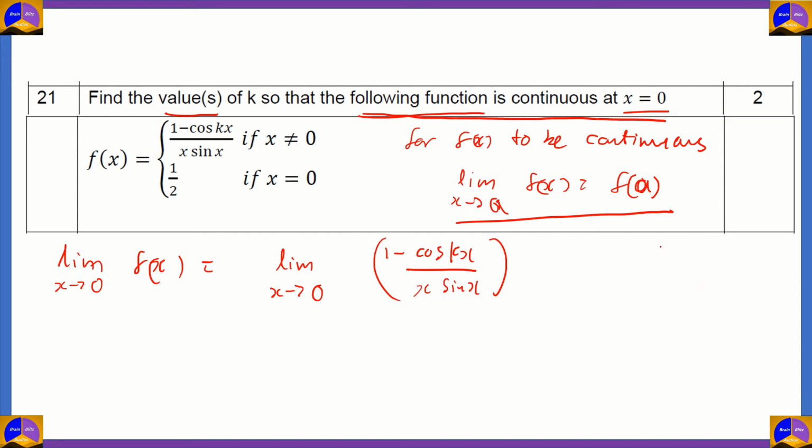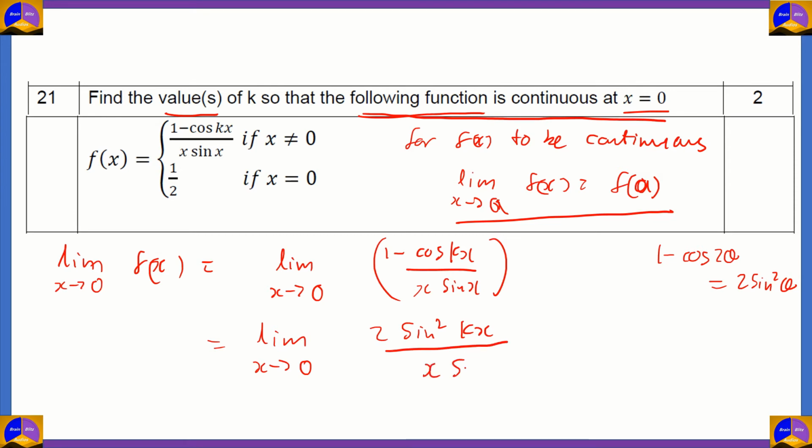Again, we use the formula 1 minus cos 2 theta is equal to 2 sine square theta. So this becomes limit x tends to 0, 2 sine square kx divided by x sine x.